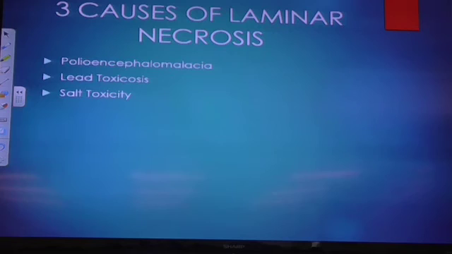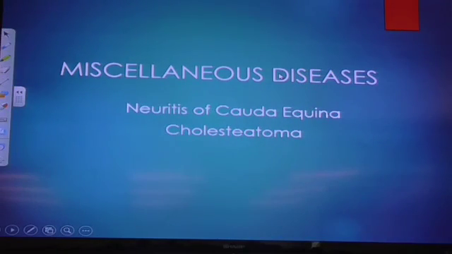But they're used interchangeably in the literature. Any questions? So make sure that you're familiar with all those three diseases in terms of their similarity and how you can differentiate them.